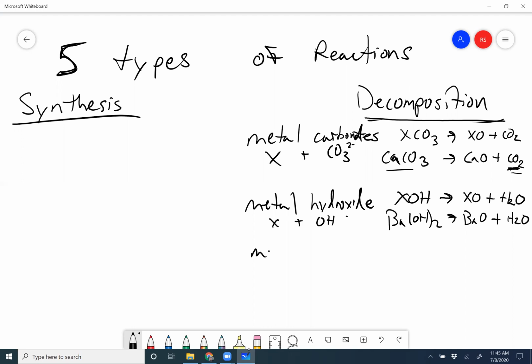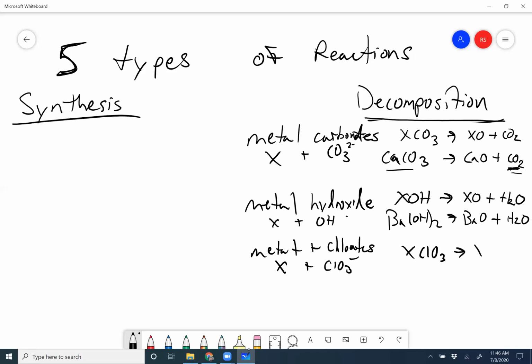And then we have rocket fuel, so metal chlorates. Metal is our X, and our chlorate is ClO3. This also works with perchlorates, but it's the same thing. It has a -1 charge. So we have XClO3.